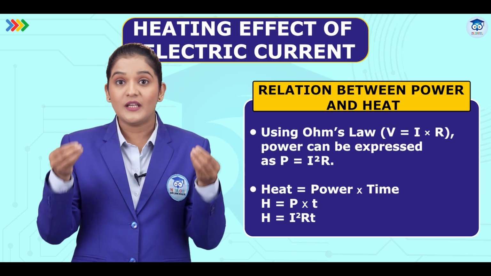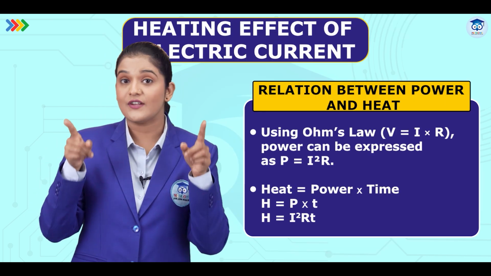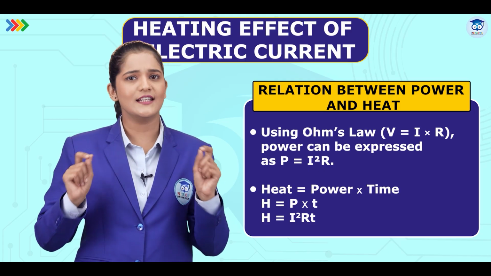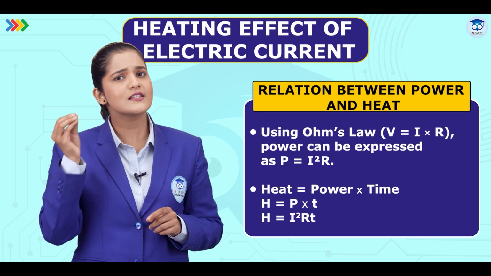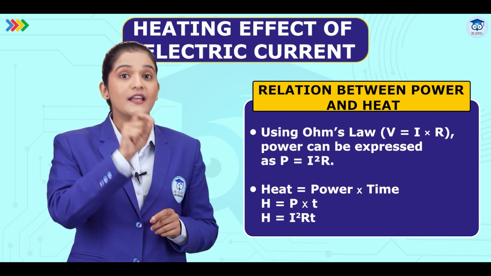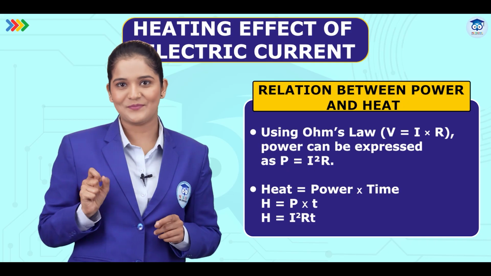The relation between power and heat produced in a resistive circuit is also significant. The heat generated in a resistor over a certain time is given by the product of power and time.